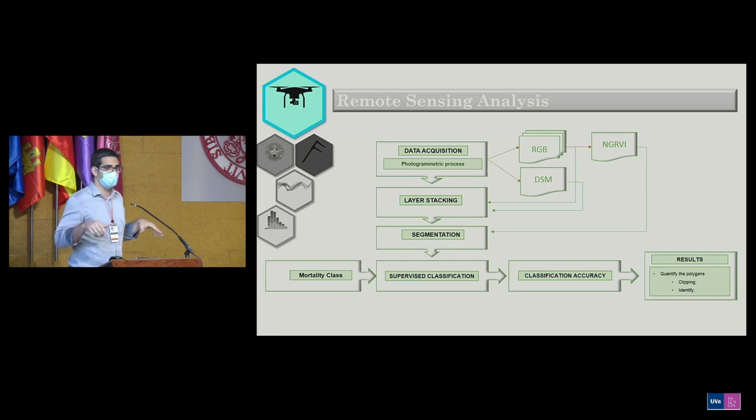But we wanted to know about the overall area. So we flew a standard drone with an RGB camera and collected 6,500 pictures, processing this data with 38 ground control points to get an RGB mosaic, a digital surface model, and a normalized green vegetation index.